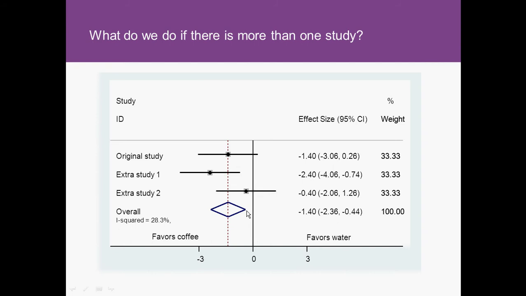As the 95% confidence intervals of this pooled treatment effect estimate are completely to the left-hand side of the null value of 0, we have a statistically significant difference between our intervention and control conditions, which we didn't have in our original study. Again, this is because the 95% confidence intervals have shrunk.